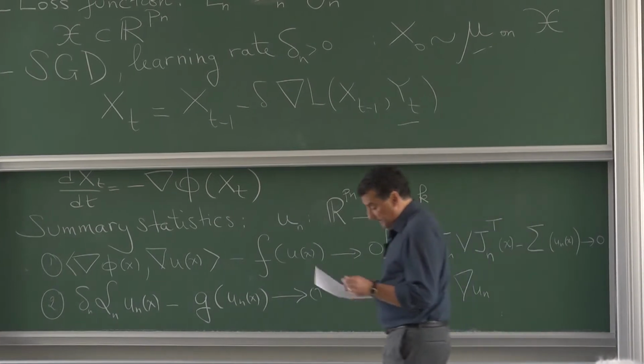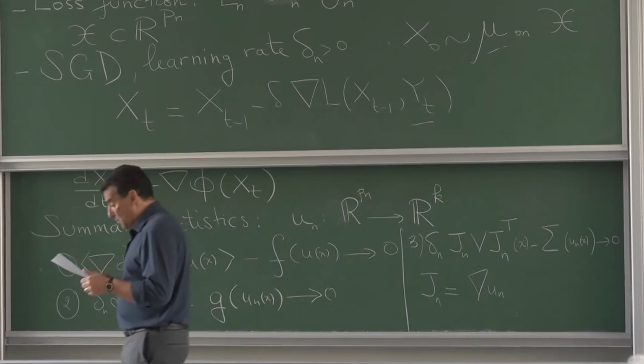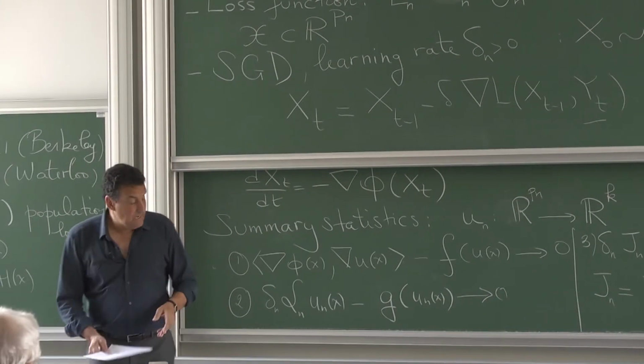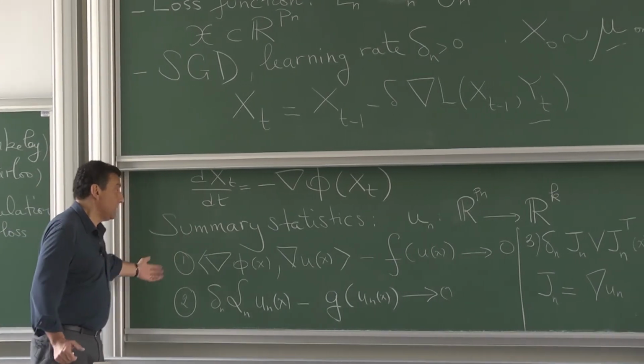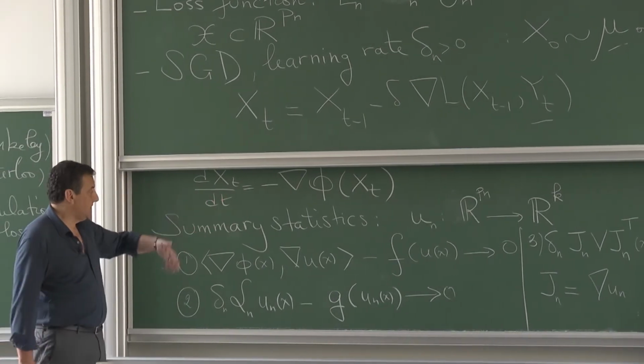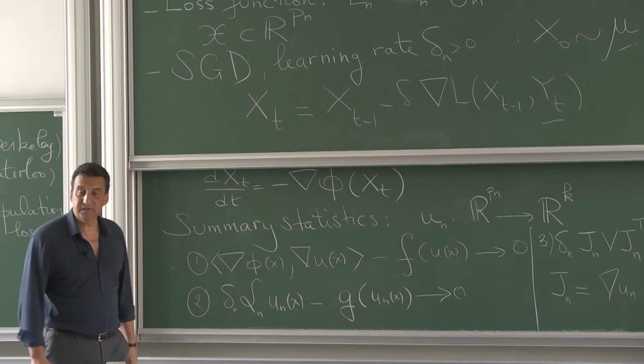All right. So if you have these three conditions, 1, 2, 3, we say that U_n is a good summary statistics.